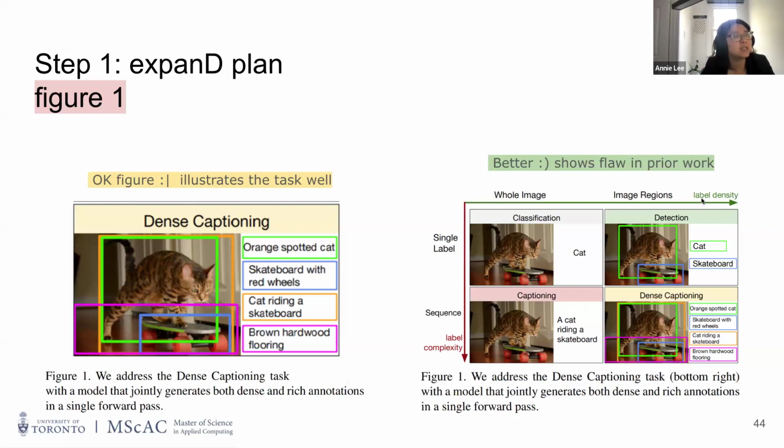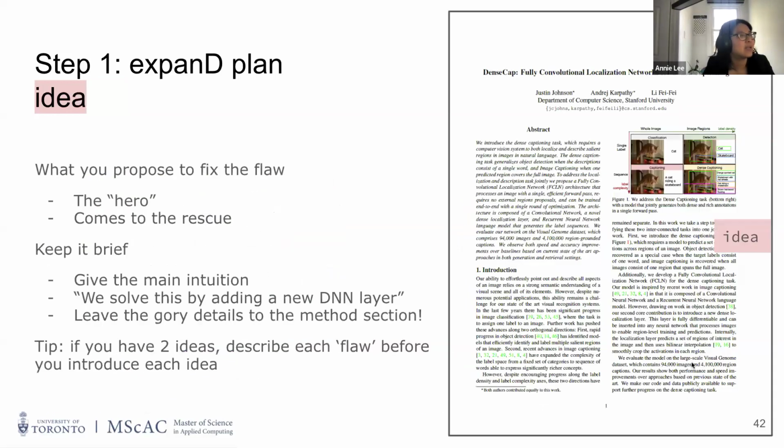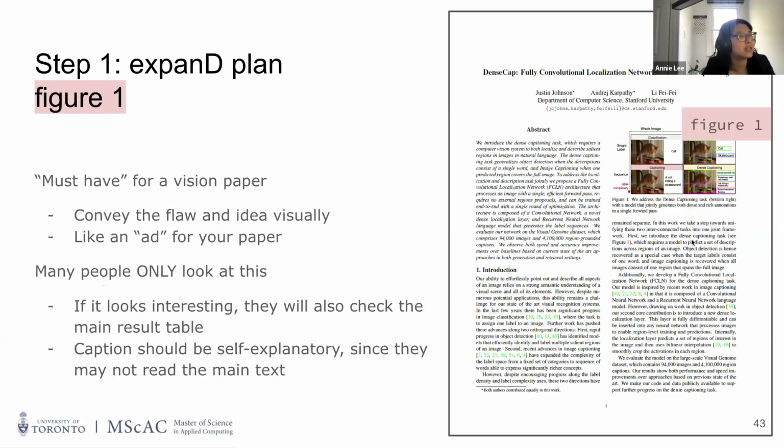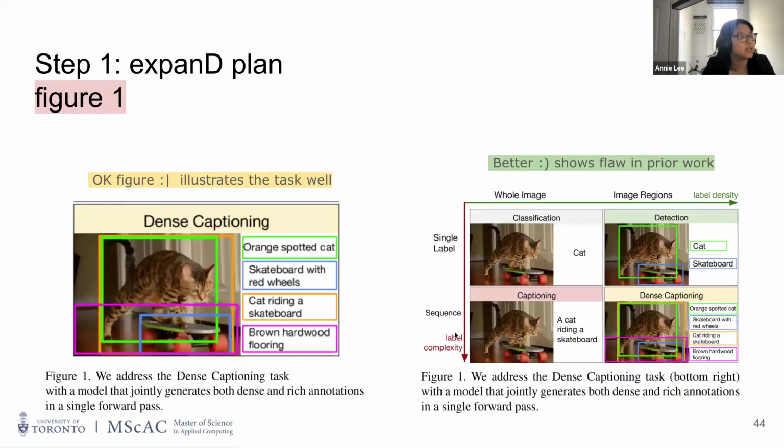You're simultaneously contributing to the density of the labels as well as the complexity of the sequence. It's not just one word, but a sequence of words and then many, many of them. And that's what they're saying in their idea: they unified two interconnected tasks, the label density task and the label complexity task, into one single task.